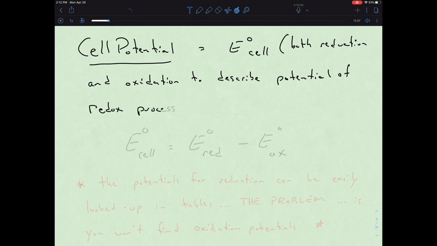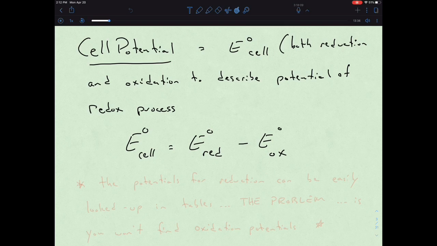And so this is now talking about the redox process, the whole thing, both the reduction side of things and the oxidation side of things. So our cell potential is equal to our reduction potential minus our oxidation potential.